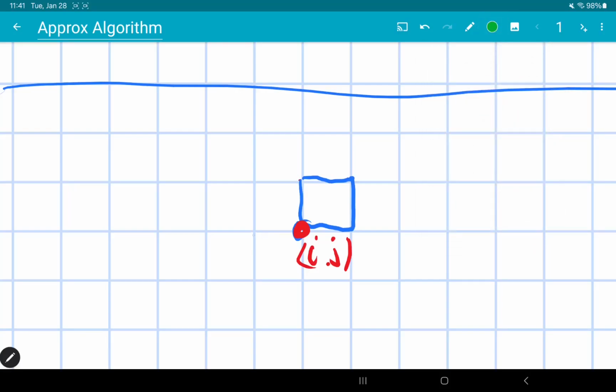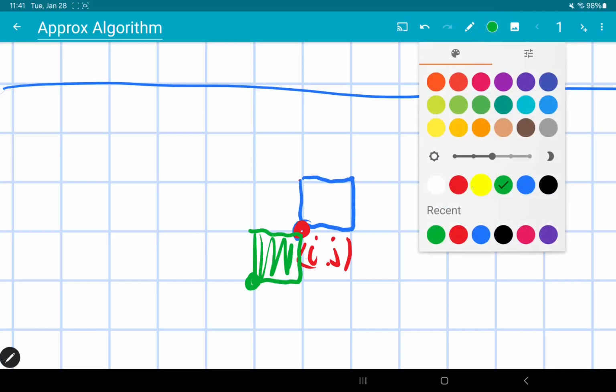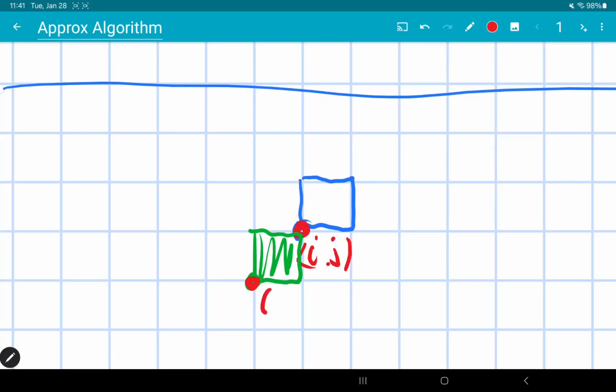So for example, or in fact, any cell in the area, for example, this cell here, well, its ID is going to be simply i minus 1, j minus 1, and I can immediately look it up from the hash table and see if there is any point inside the grid cell. So throwing the points into the grid, and using hashing, I can immediately do this lookup in the hash, find if the grid cell is empty or not, and if it's not empty, get a list of all the points stored in it. So that's already very useful.